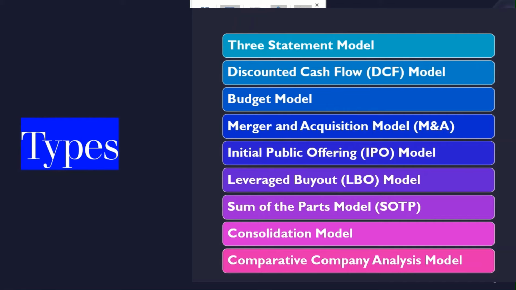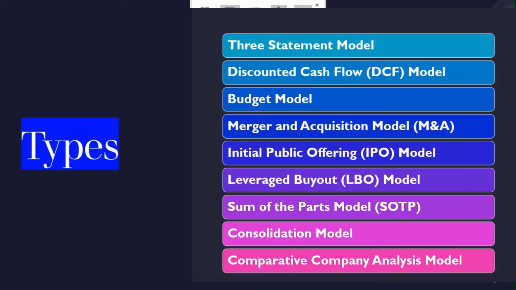And the other types of financial model we have here are the budget model, merger acquisition model, and initial public offering model. This initial public offering model is mainly used when a company issues new shares and starts selling in the market to the public. This kind of model is important.